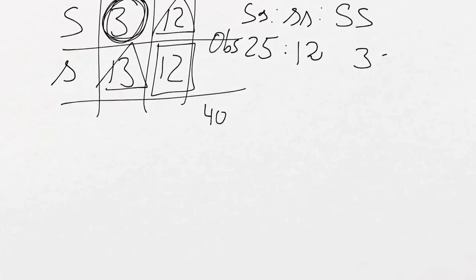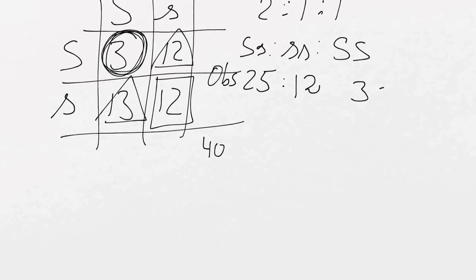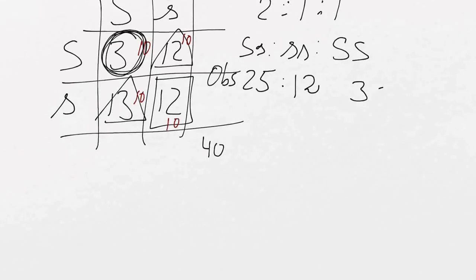What are our expected numbers? Well, the expected numbers are still the same as we had before. So we said expected numbers are 10, 10, 10, and 10. These are the expected numbers if it is just random. So expected.